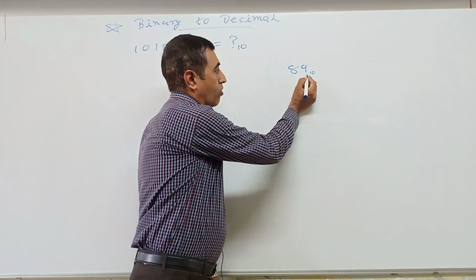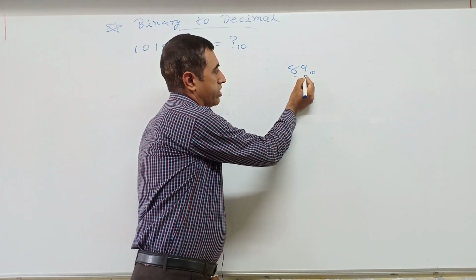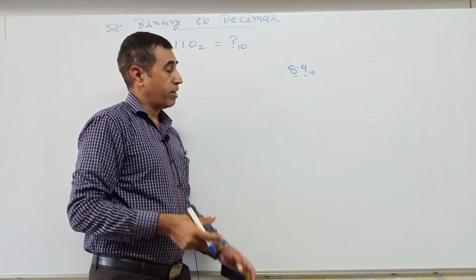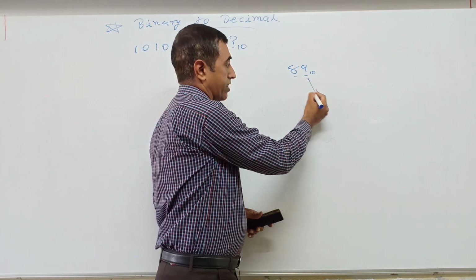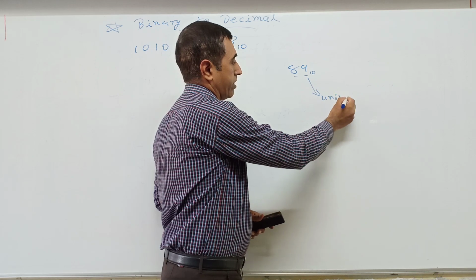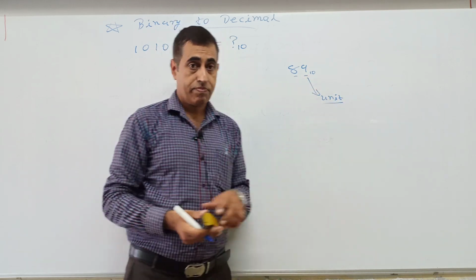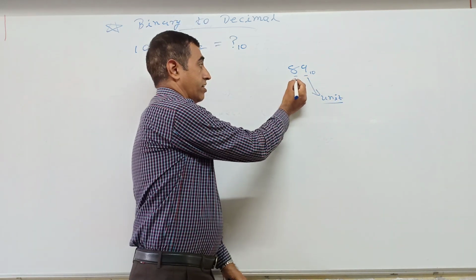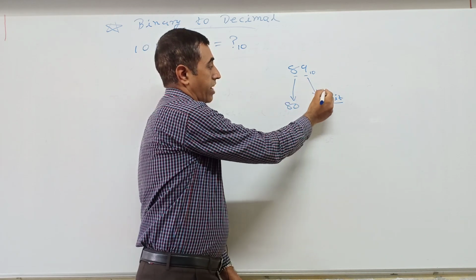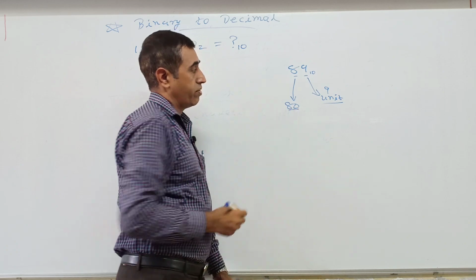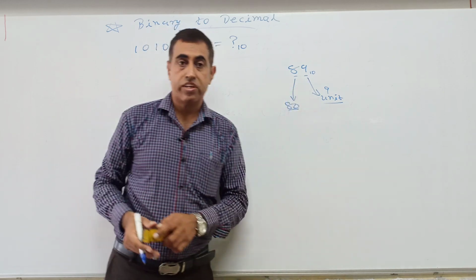Now here, you know that both these digits have different importance. Suppose this 9, then this is unit place, and you know very well that this is only 9, but this is not 8, this is actually 80. So this is 9, this is 80, and that is why 80 plus 9 becomes 89.